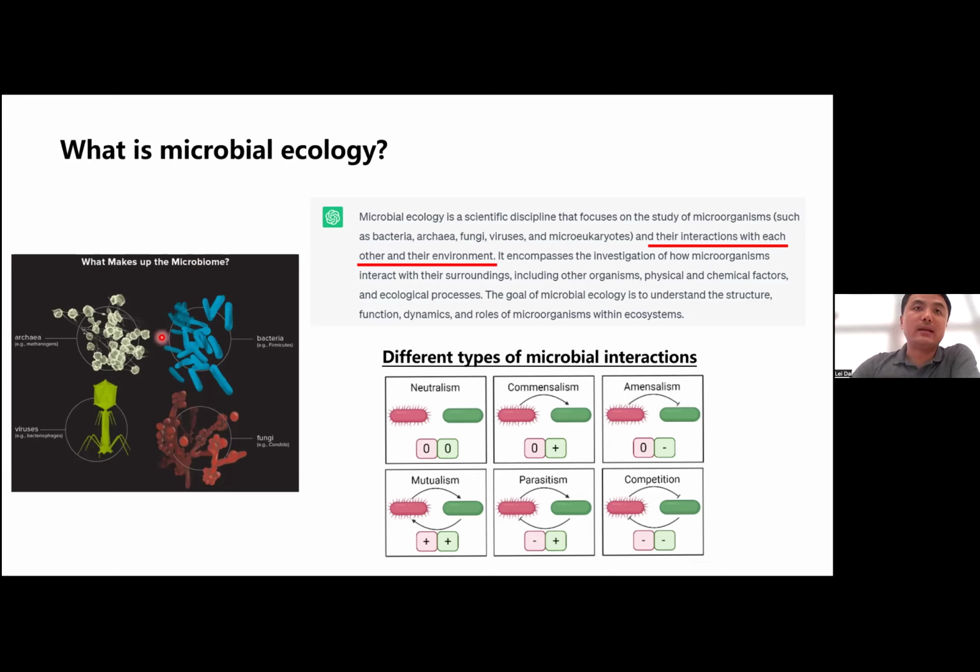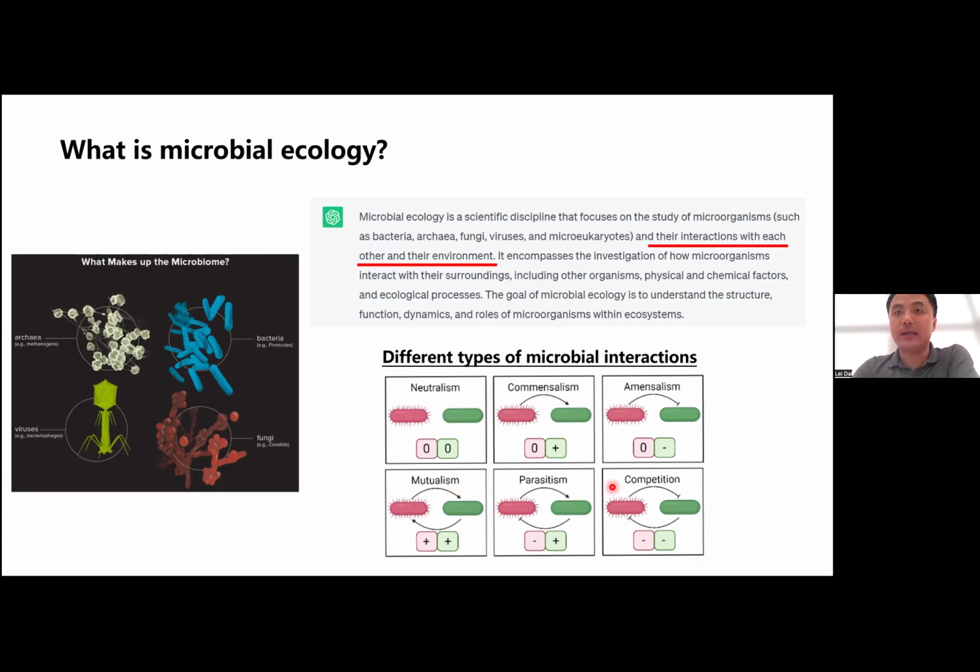At the level of kingdom, we have bacteria, archaea, fungi, and also many viruses, including eukaryotic viruses and bacteriophages. But what's more, we need to understand the interactions among these microbes with each other and with the environment. There are different types of interactions. It could be neutral, but it also could be mutualistic, where A helps B and B helps A.